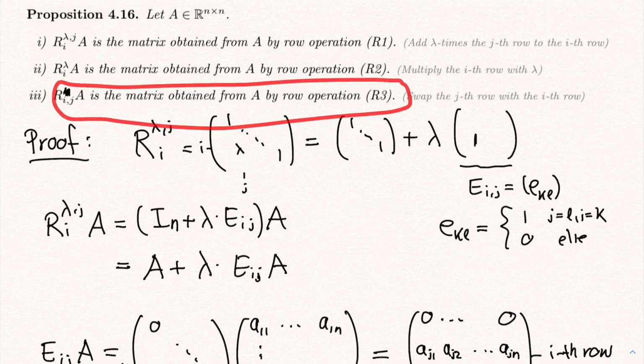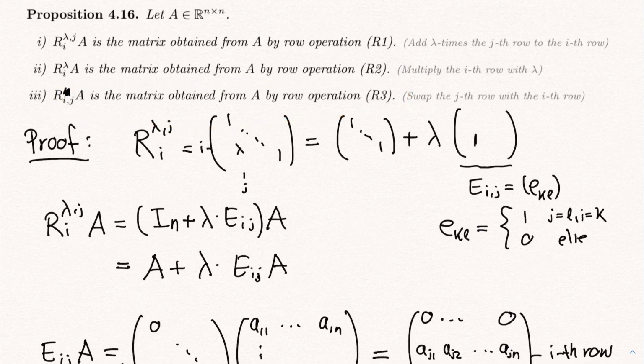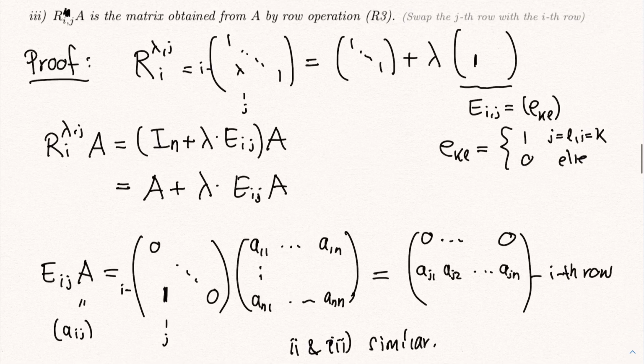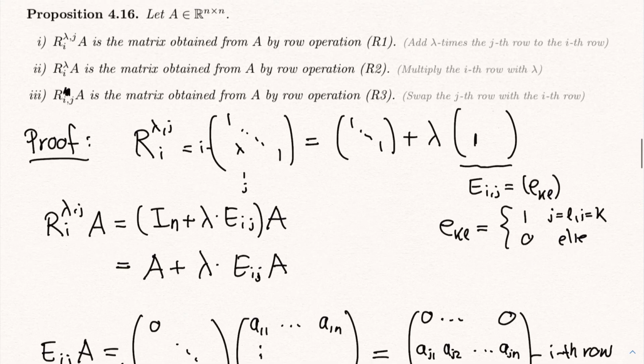And here you can also see with a similar argument that the jth row gets swapped to the ith row and the ith row gets swapped to the jth row. Okay, so this is this proposition. So now instead of saying we use the row operation, we can also say that we multiply with these elementary matrices.